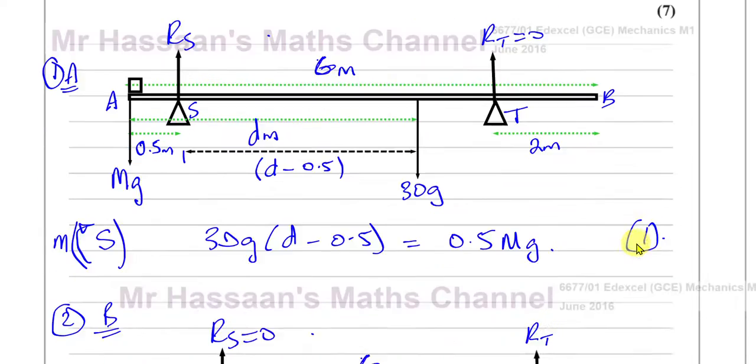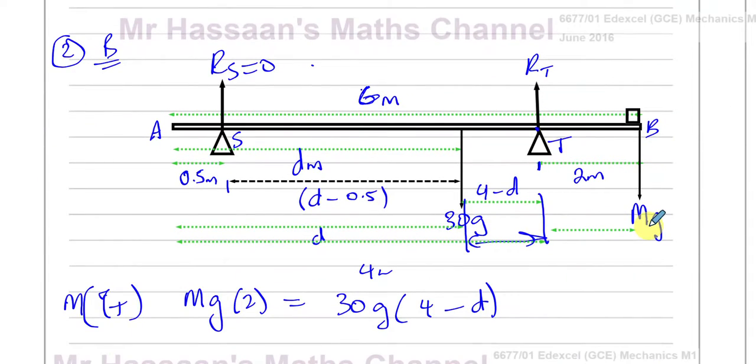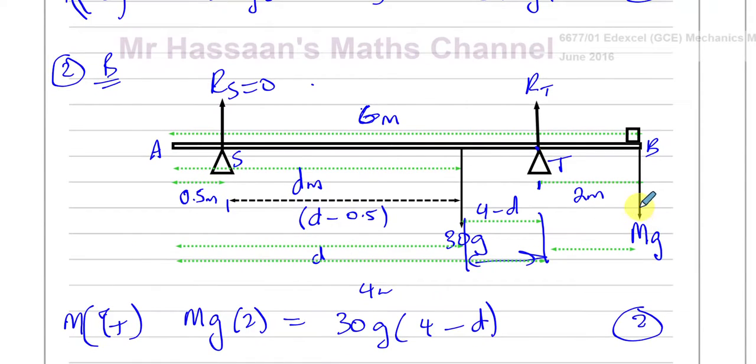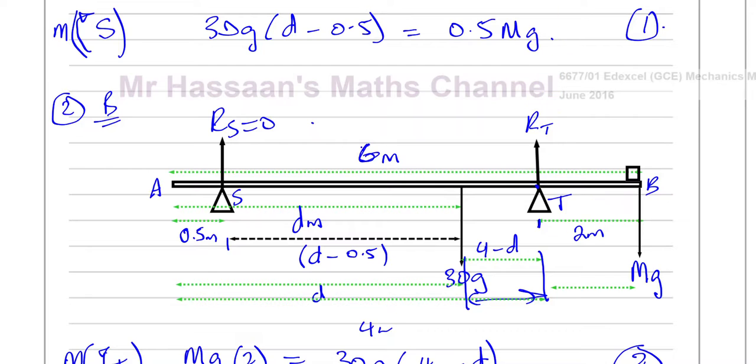So what we're going to do now is take these two equations and solve them simultaneously. One of them is 30g, so I'll write them on the next page and continue there.